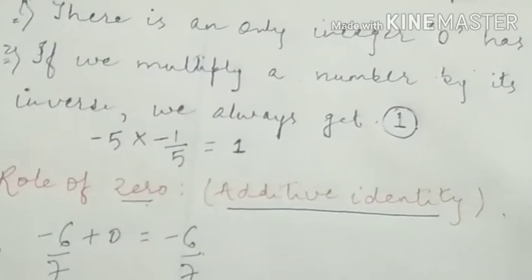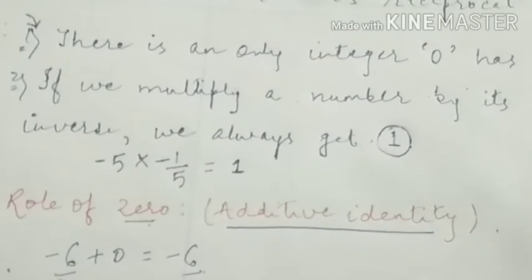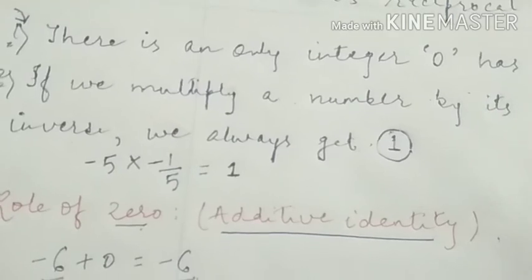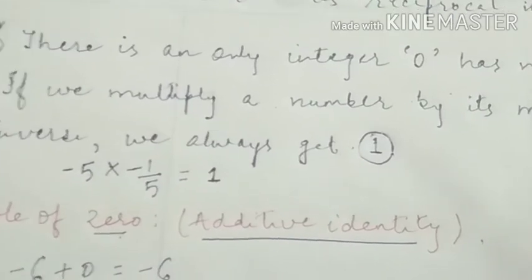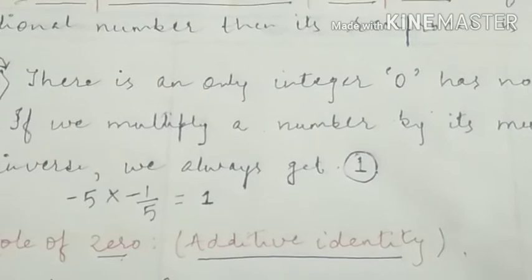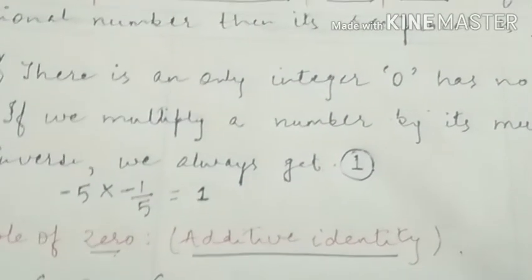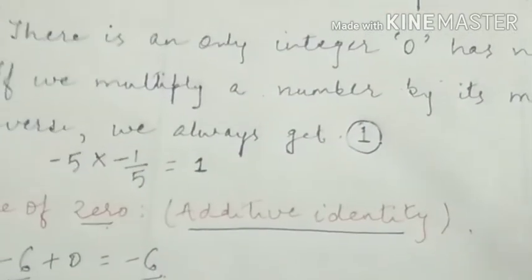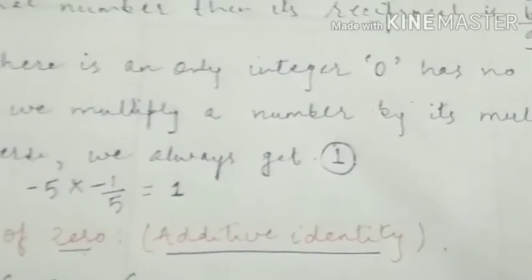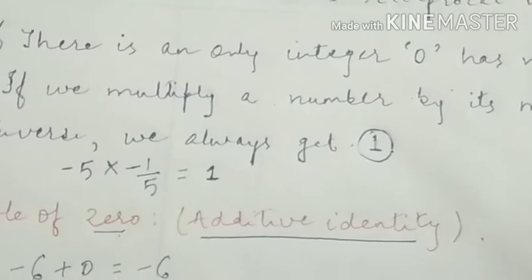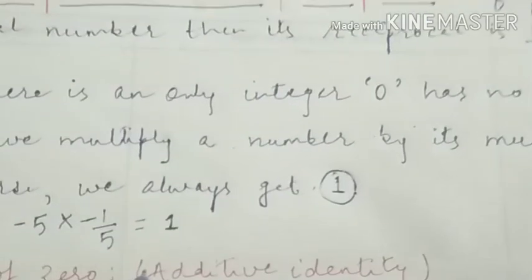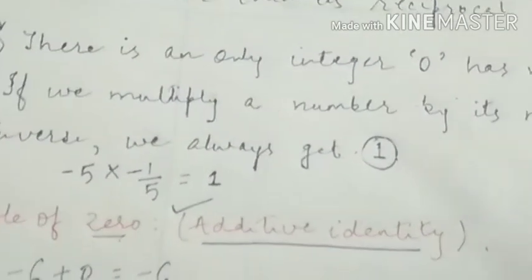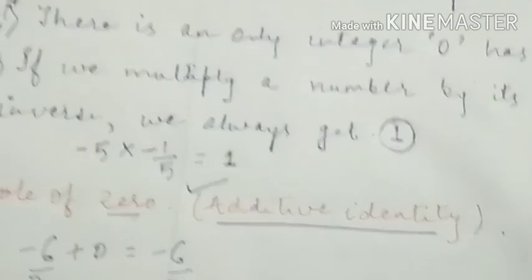If you add 0 to minus 6 upon 7, you will get the same number, that is minus 6 upon 7. You can take another example as well, like 6, 7 or minus 6, whatever you want. You take any number and add 0 to it, you get the same number. That is why we call 0 the additive identity, because we get the same number if we add 0 to any number.